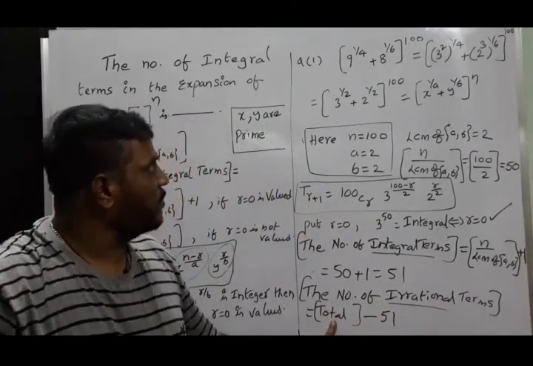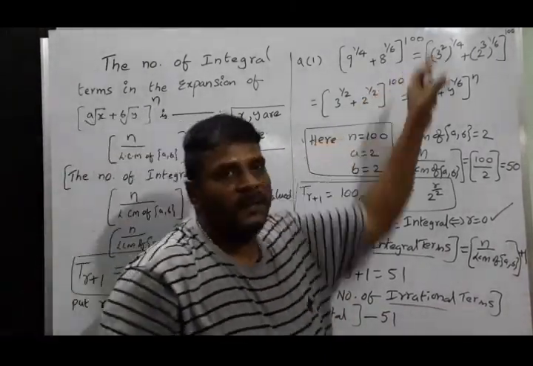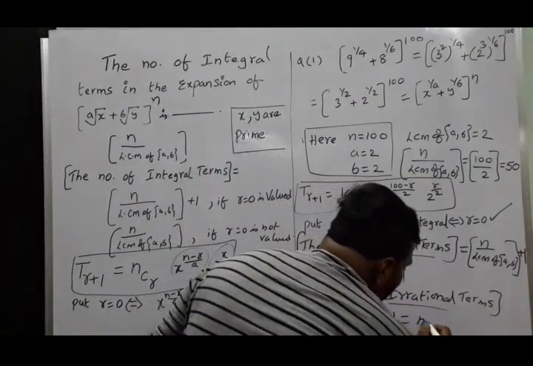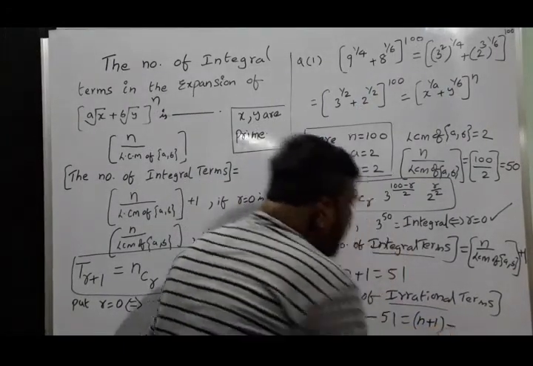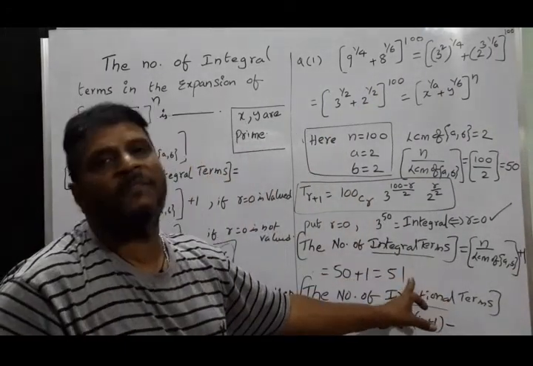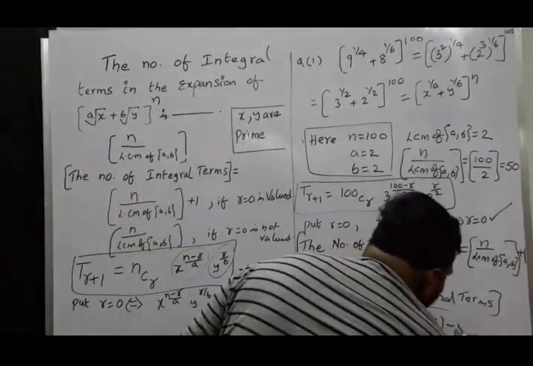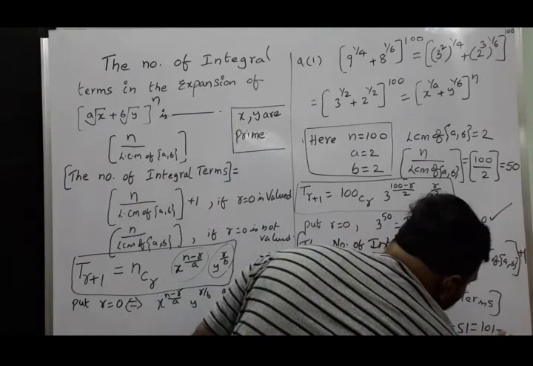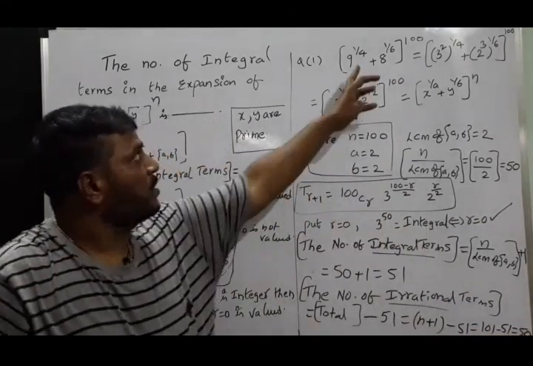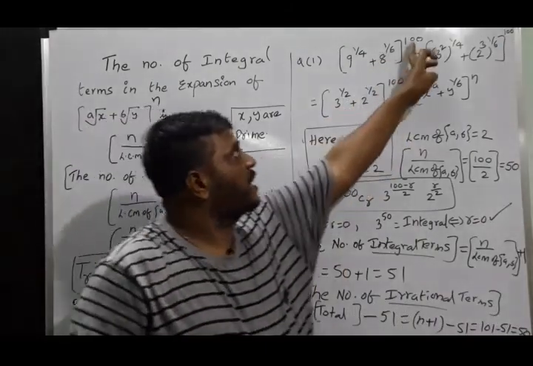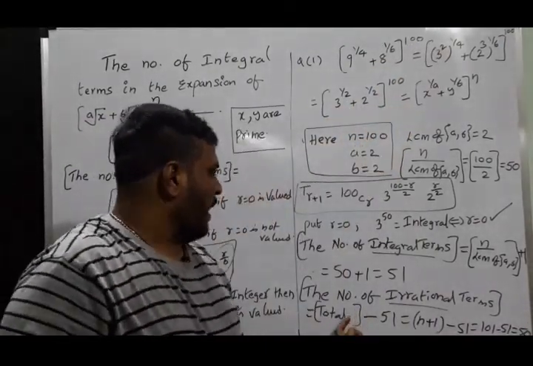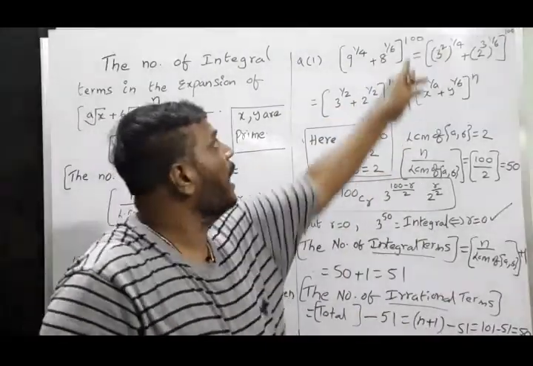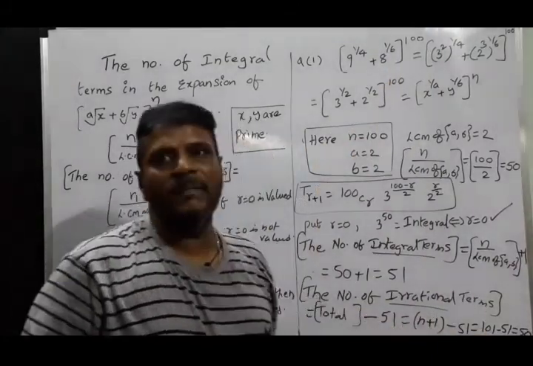Total number of terms is nothing but n plus 1, minus number of integral terms, which is 51. So 101 minus 51, that is equal to 50. The total number of terms in this expansion is n plus 1, so 100 plus 1, 101.